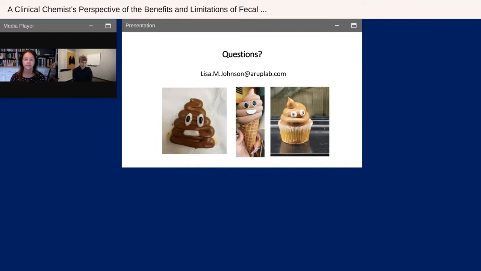Sure. I'd say that we've steadily seen a growth in this assay over time. We also know that patients with inflammatory bowel disease need to be followed pretty closely by clinicians. Usually in your local area there'll be an IBD clinic, and often these patients are sending in samples. I think it benefits labs to bring this in-house because of a faster turnaround time to get the results to the clinician.